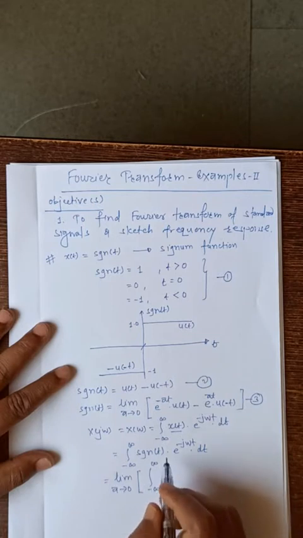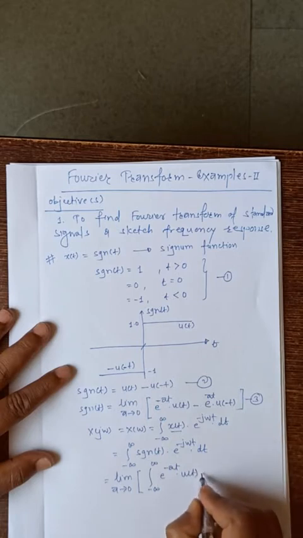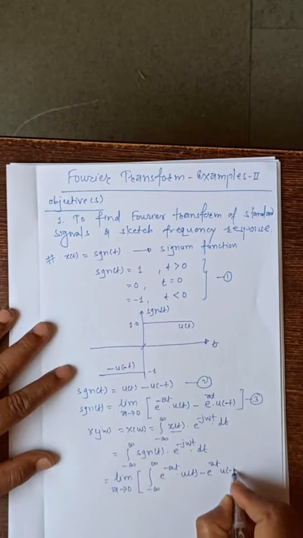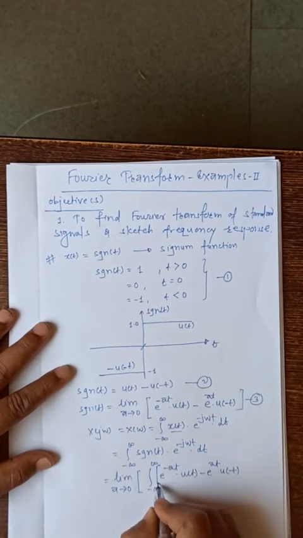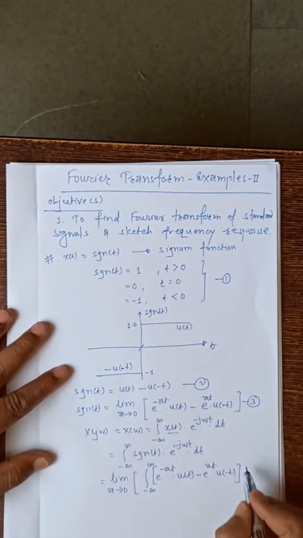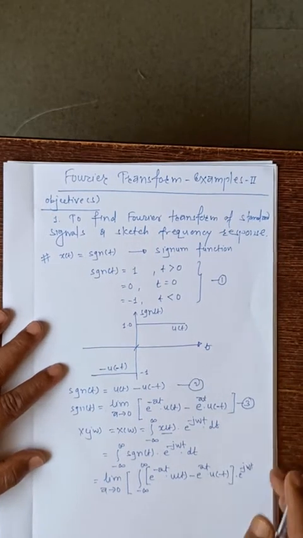Now put the value of sgn(t): e raised to minus at into u(t) minus e raised to at into u(-t), into e raised to minus j omega t into dt.